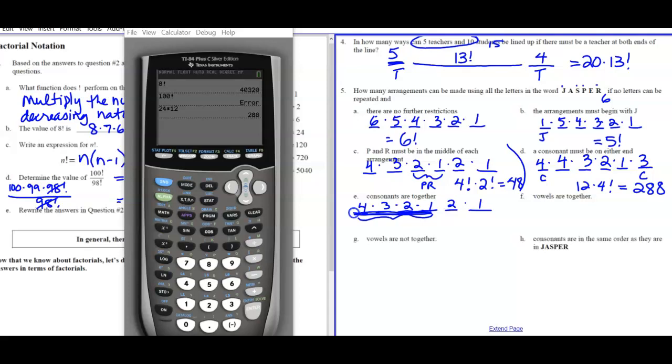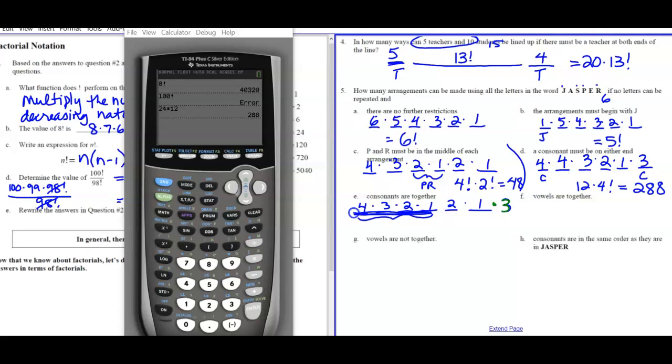So what ends up happening is that it's always going to be however many arrangements of that grouping of the consonants, and then multiplied by the factorial of the number of these groups. So here I have to multiply by 3. I'll use that in green, because that's not a letter.